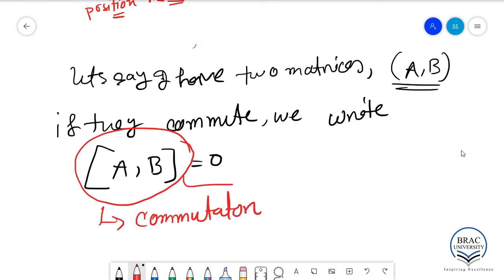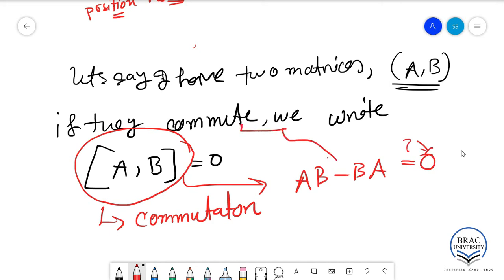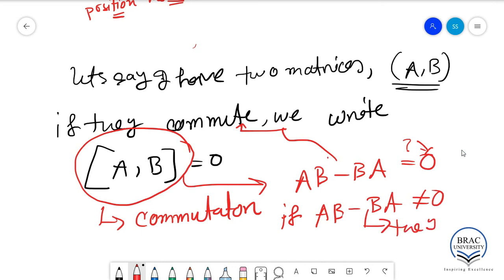If you expand it, it is defined as AB minus BA. And if this is 0, then they are commutative. That is, they commute. And if AB minus BA is not equal to 0, that means they don't commute.